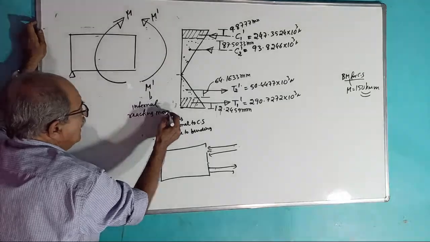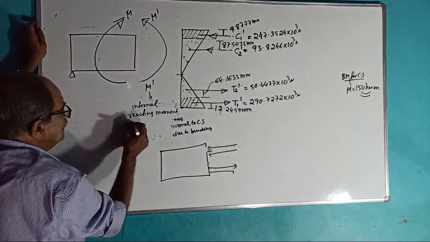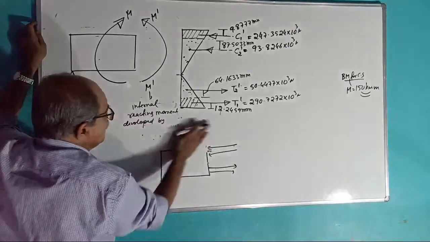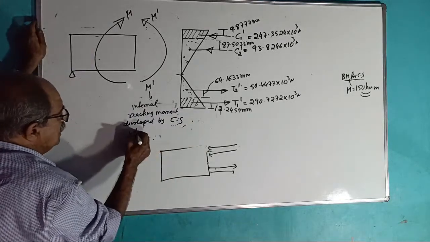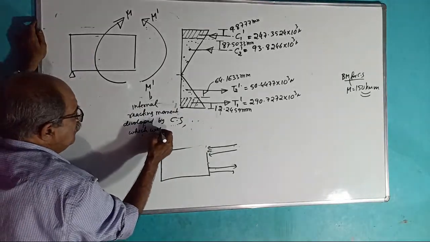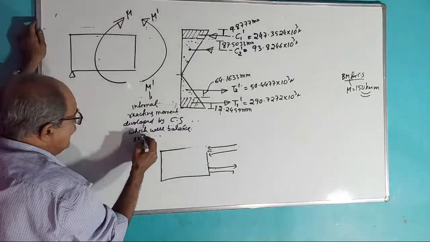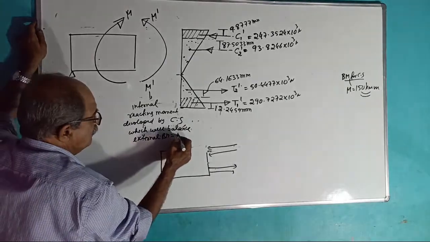Internal reacting moment, developed by the cross section, and which will balance the external bending moment M, external bending moment equal to M.